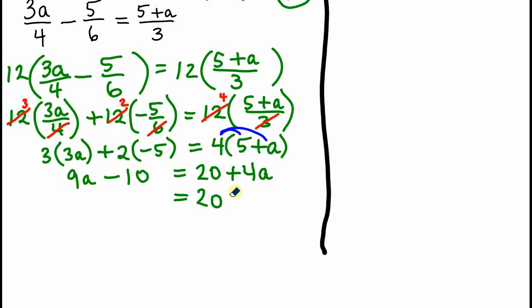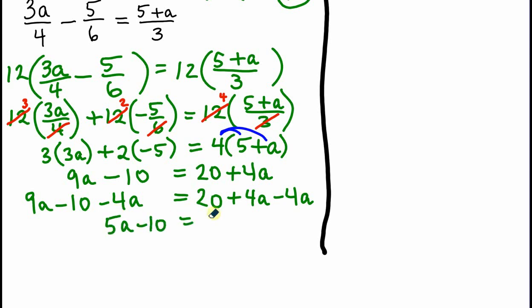So I'm going to get the a's away from the right-hand side so that they are only on the left-hand side. This is part of my isolating process, part of getting the a's all by themselves. And so now making that simpler, we now have 5a minus 10 on the left-hand side and 20 on the right-hand side.